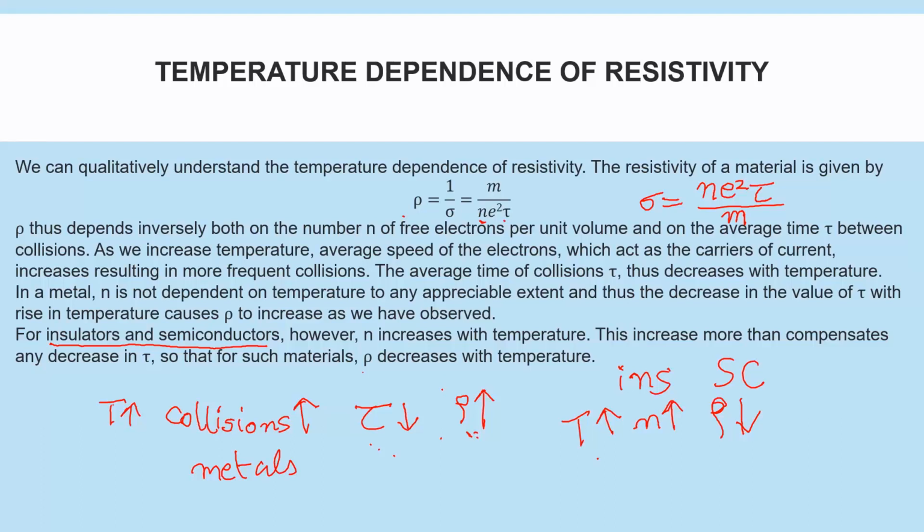So this is the temperature dependence of resistivity. And as you can see, it varies from material to material, and that is why this is an important factor for us to know, so that we can design the desirable circuits as per our use.